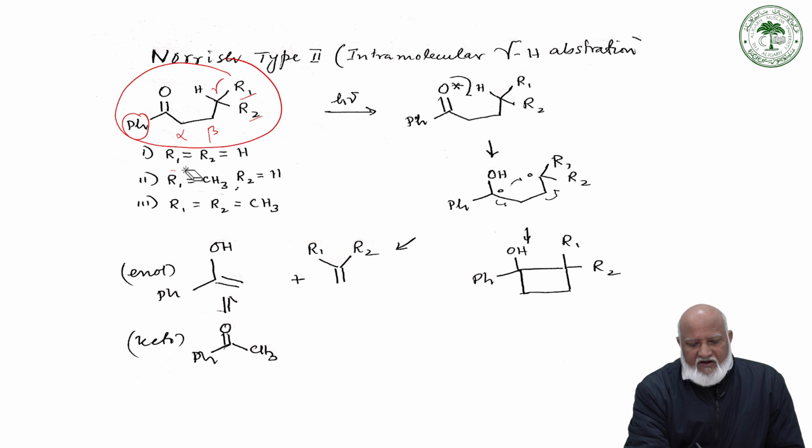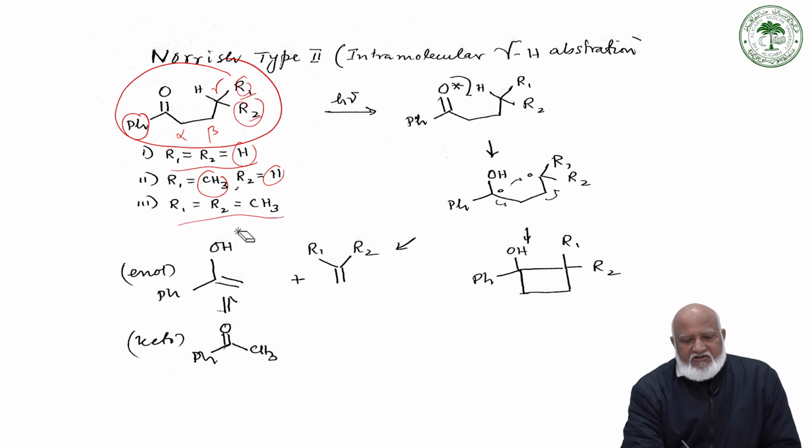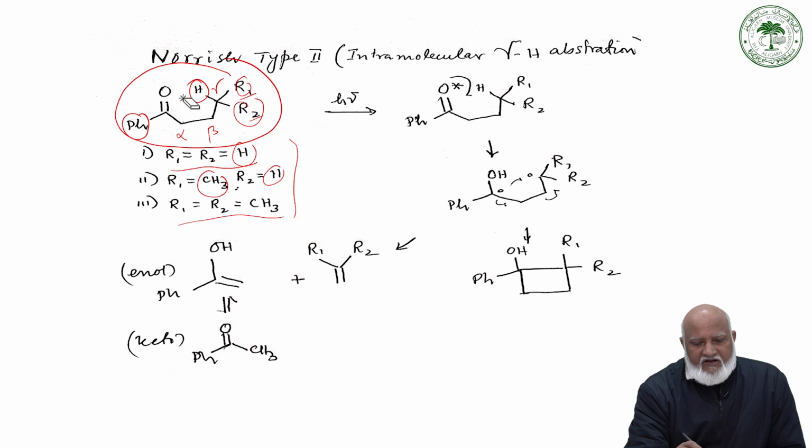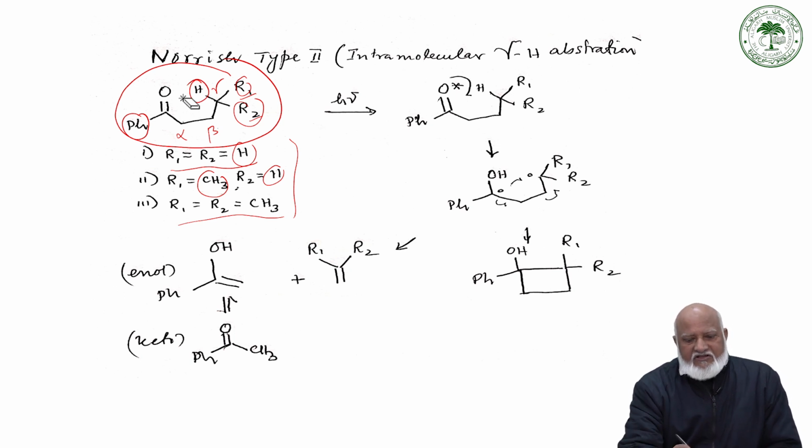So R1 and R2 could both be H, which means this is CH3, or R1 is CH3 and R2 is H, or one of them is H and the other is CH3, or both R1 and R2 are CH3. But still in all these three cases there is availability of gamma hydrogen, and all these three compounds undergo type 2 reaction, that is, intramolecular gamma hydrogen abstraction by the excited carbonyl.